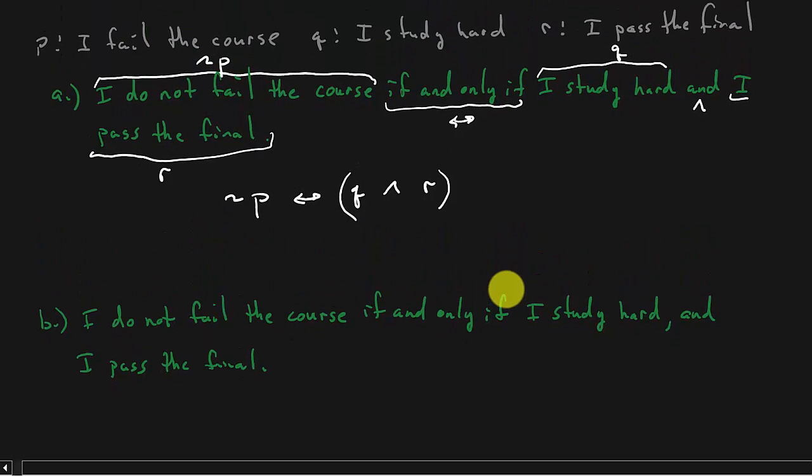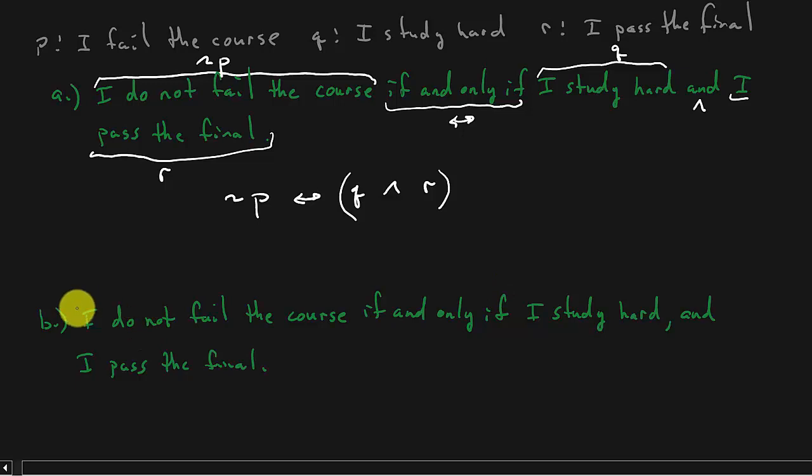Now, what about this one? I do not fail the course if and only if I study hard and I pass the final. Now, you might be looking at this problem here and thinking, that's the same thing we just did. But it's not. So, let's look at this.